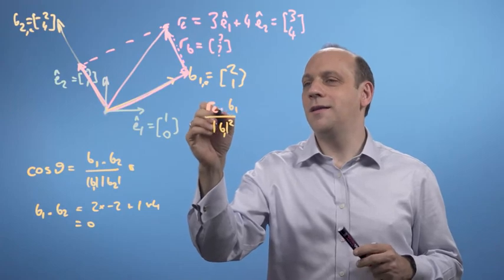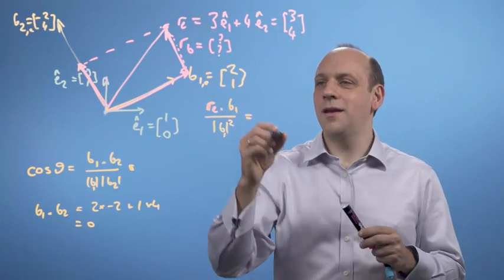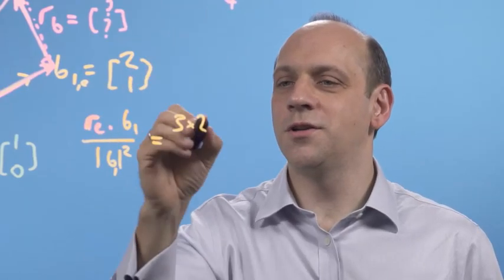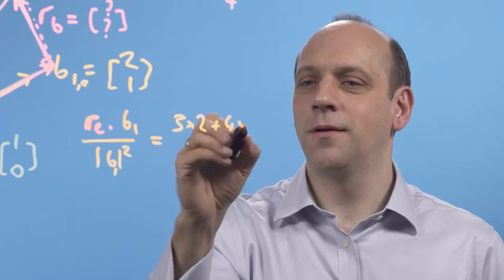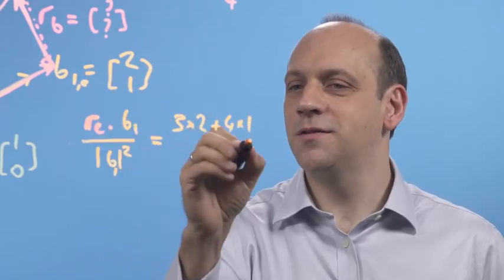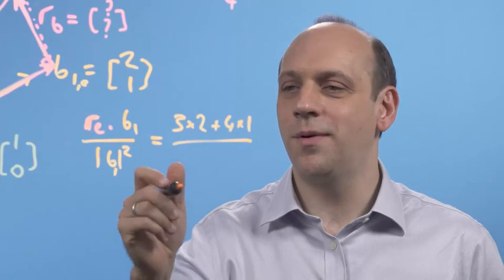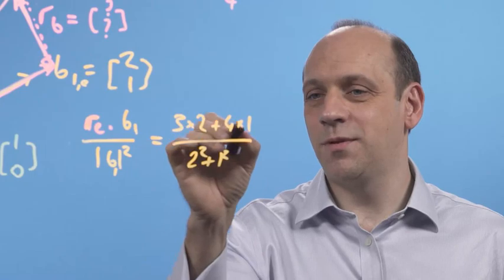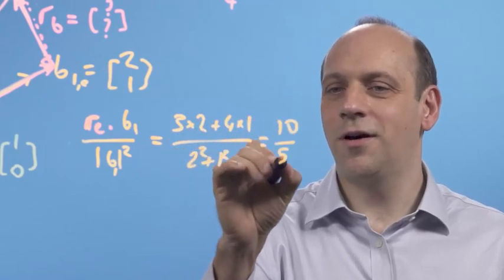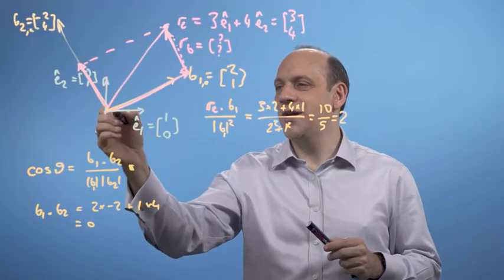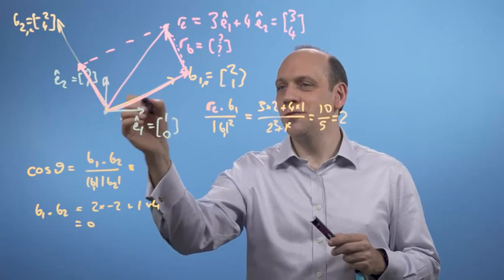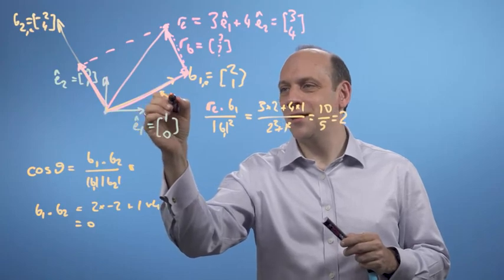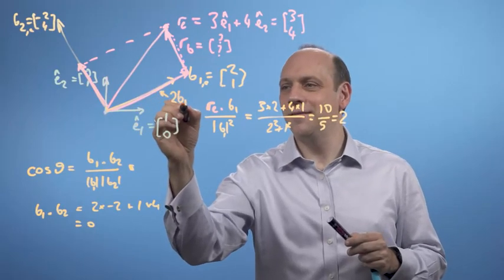So R in E dotted with B1 is going to be 3 times 2 plus 4 times 1, divided by the length of B1 squared. So that's the sum of the squares of the components of B1. So that's 2 squared plus 1 squared. So that gives me 6 plus 4 is 10, divided by 5, which is 2. So this projection here is of length 2 times B1. So that projection there, that vector, is going to be 2 times B1.